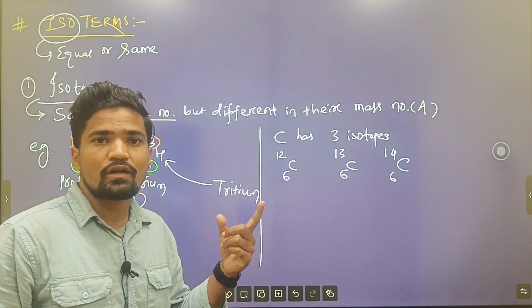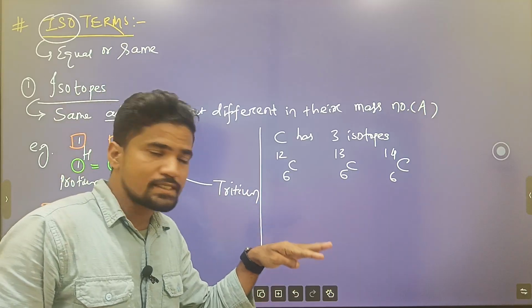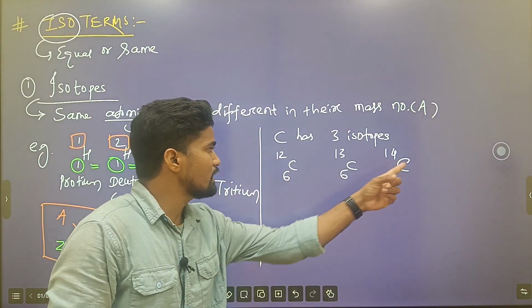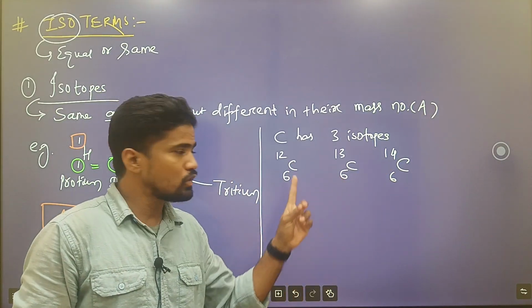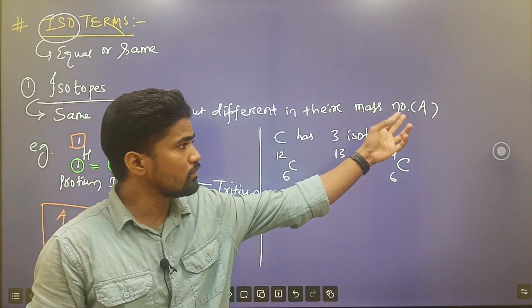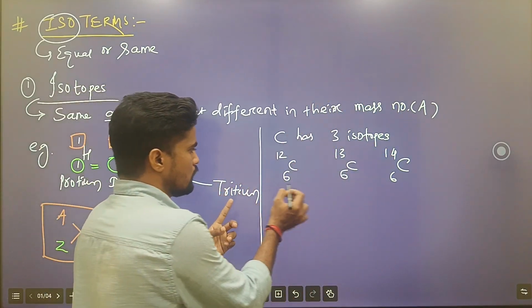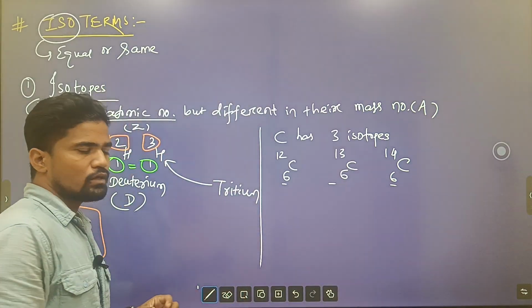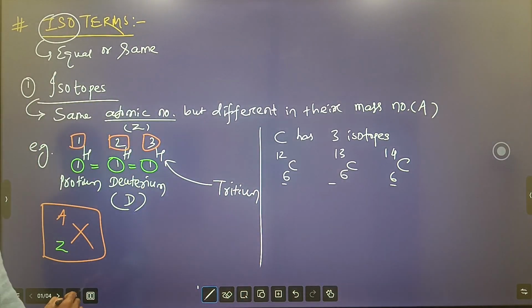The 6 is the atomic number of carbon, so the atomic number is the same, but they differ in their atomic masses: 12, 13, 14.